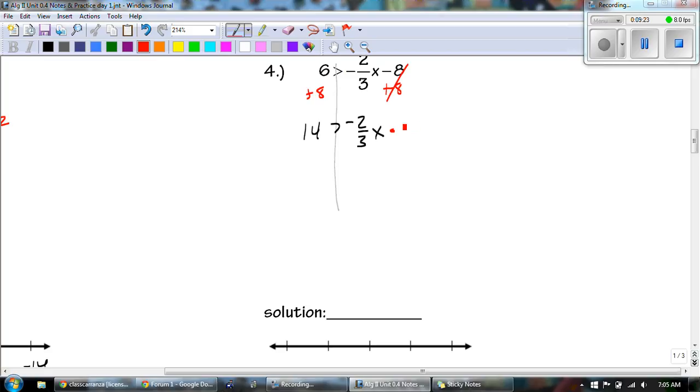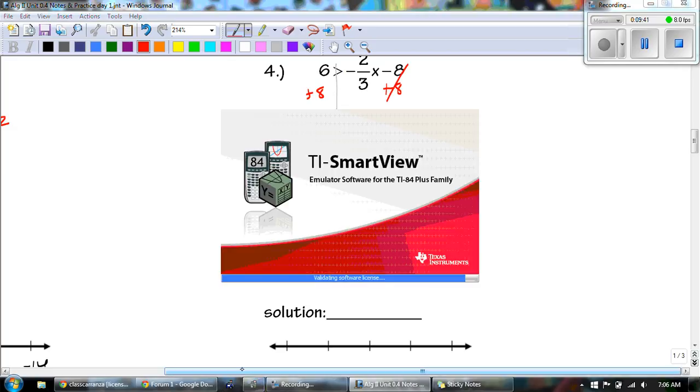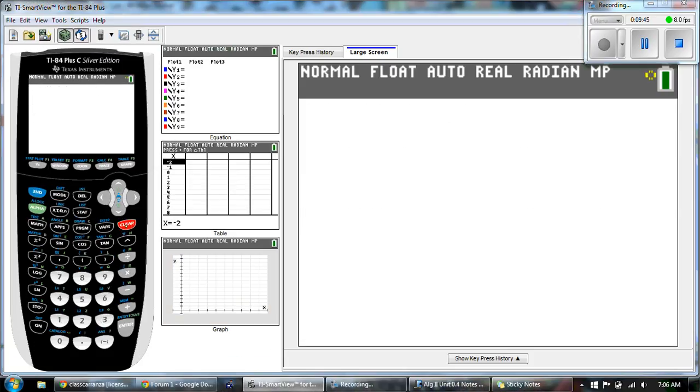Now, I need to multiply by the reciprocal, and yeah, that's going to be negative. Okay, so -3 over 2 times 14. If you don't know how to do that in your head, take out your calculator. All right, remember when we're putting in the fraction, you want it in parentheses, -3 divided by 2 times 14.